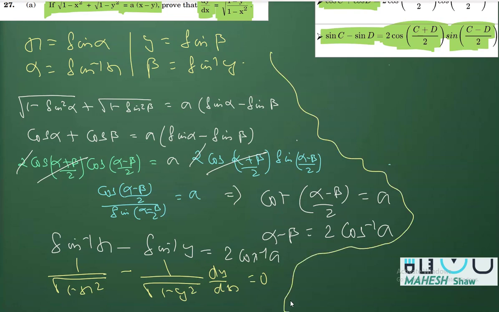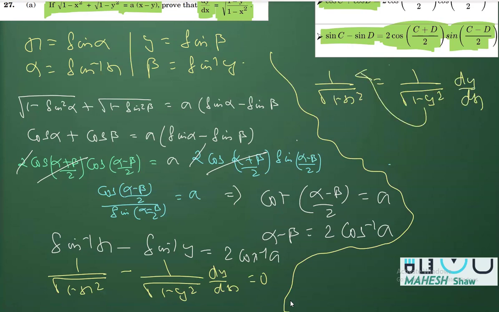If I solve this over here, now I'm going to transpose one of them. For example, if I transpose this to the other side, it is going to be positive 1 over under root 1 minus y square times dy by dx.